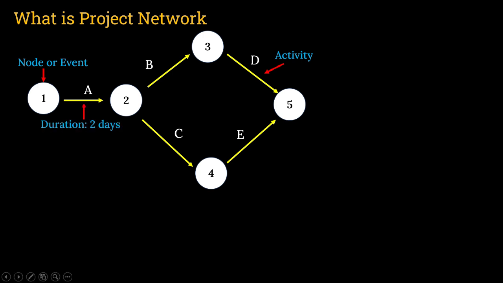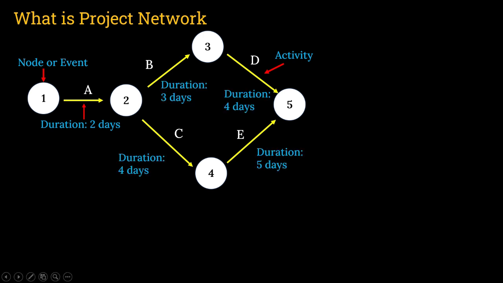Below the activity, the duration should always be mentioned. Like in this case, for activity A the duration mentioned is 2 days. That means to complete the activity A, you need to have 2 days only. More than that time cannot be given to you. 2 days allotted for that. Clear? And the other activities are also represented in terms of arrows.